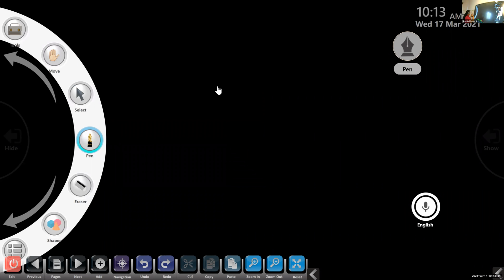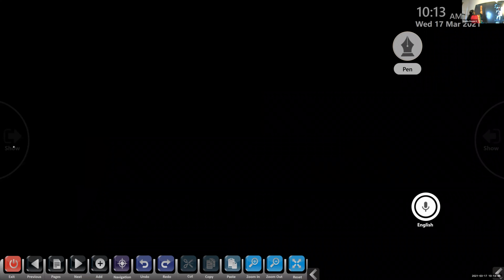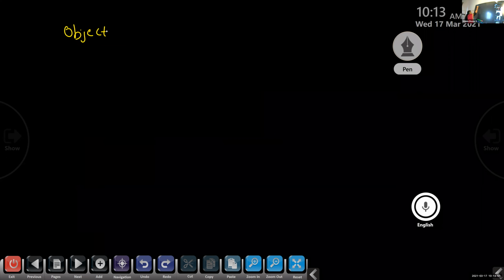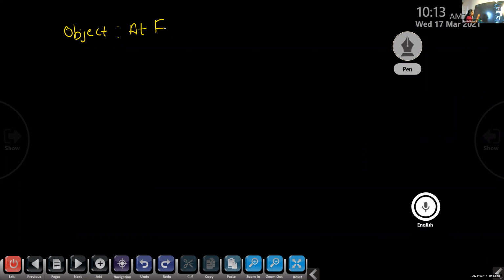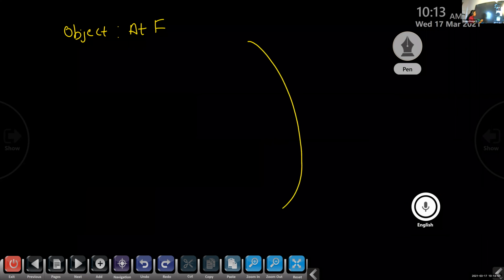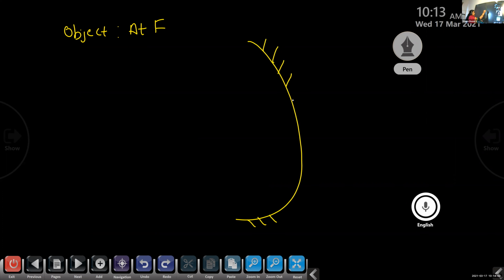Before that, we want to consider our mirror. So in this case, object at F, at principal focus. Draw the concave mirror first and then mark all its points.